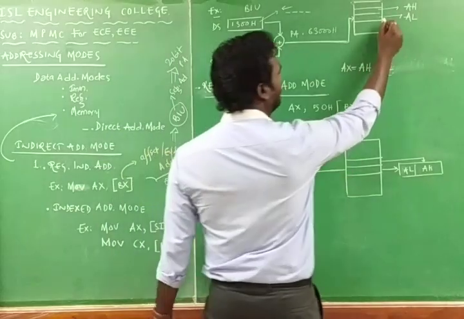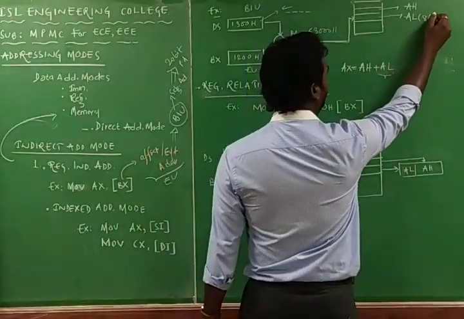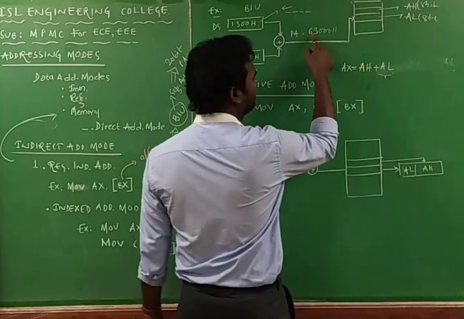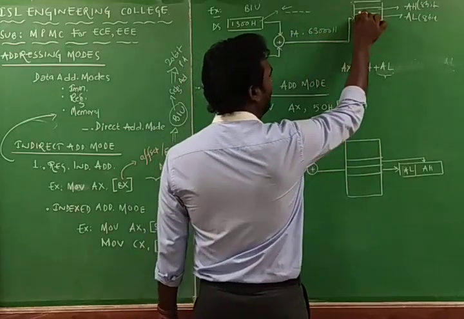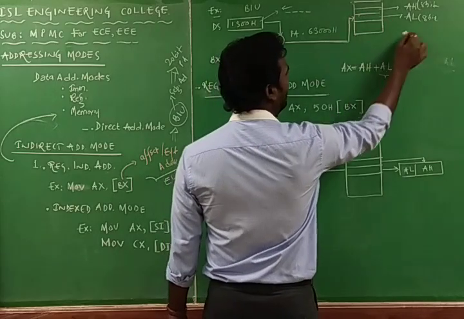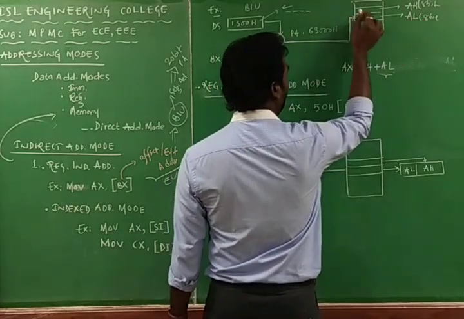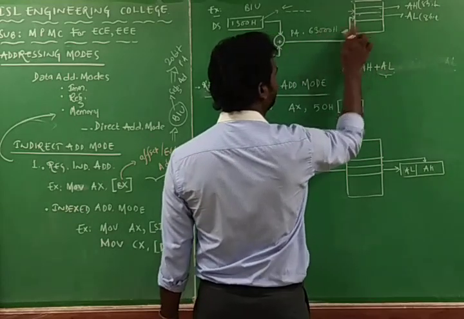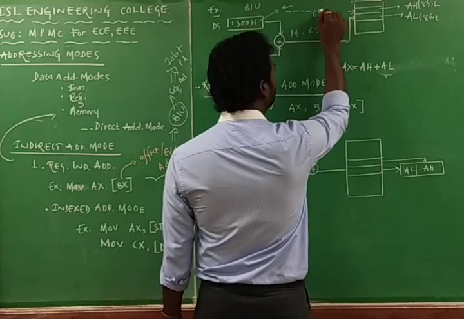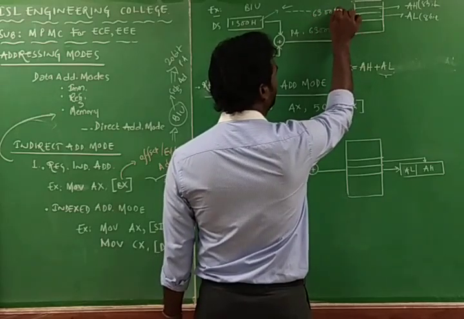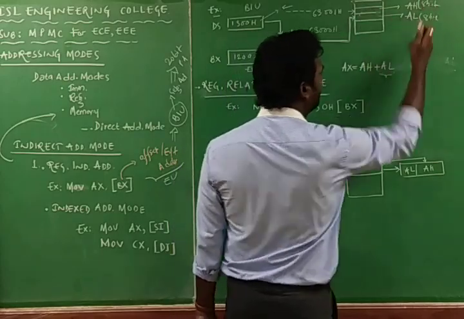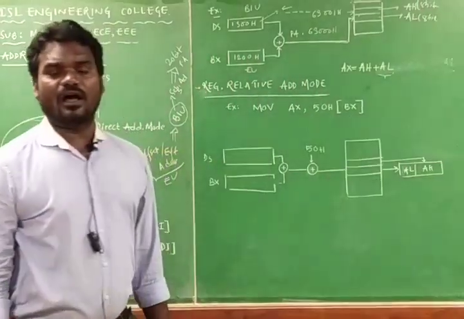Each is 8-bit. Whatever data is in location 63000H will be moved into AL, and the next location, 63001H, whatever operand is there, will be moved into the higher byte of the accumulator register.